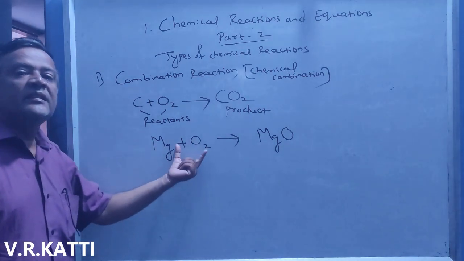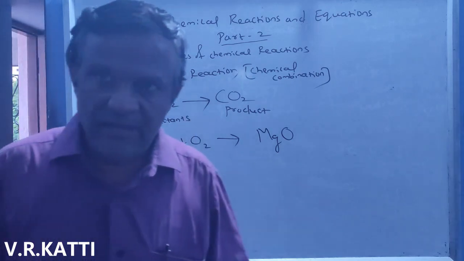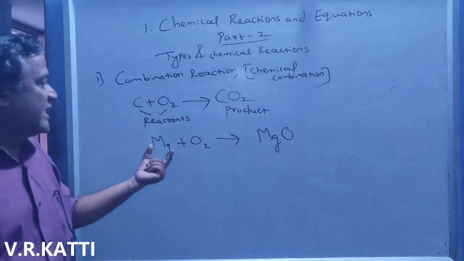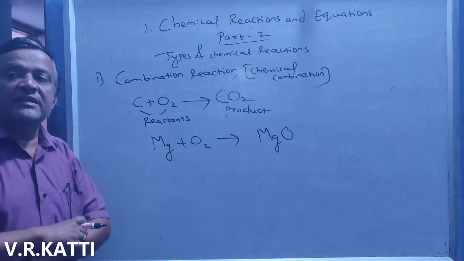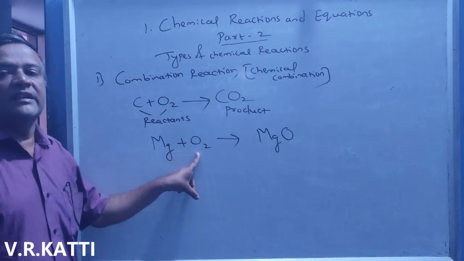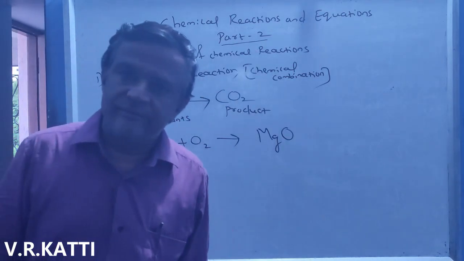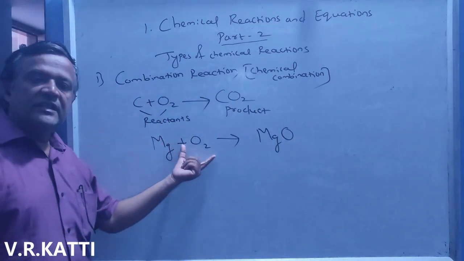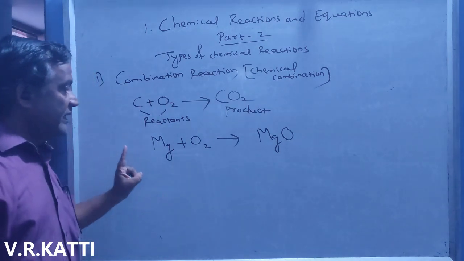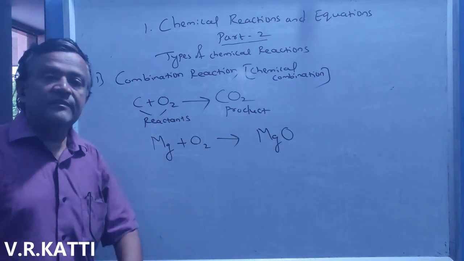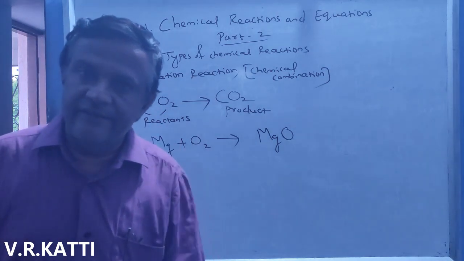If it is given that magnesium burns in the presence of air, you must take oxygen. Without oxygen, there is no combustion. For burning, oxygen is essential. So Mg plus O2 gives magnesium oxide.